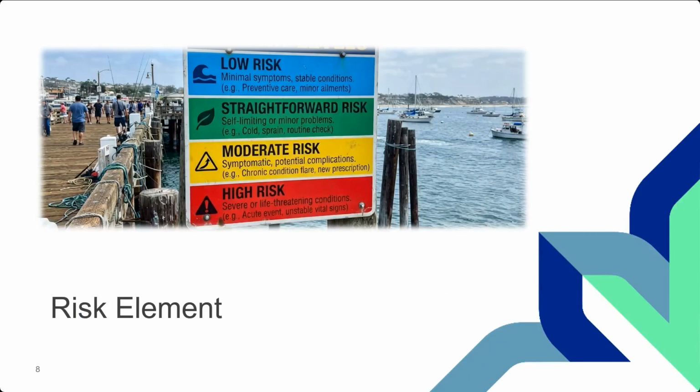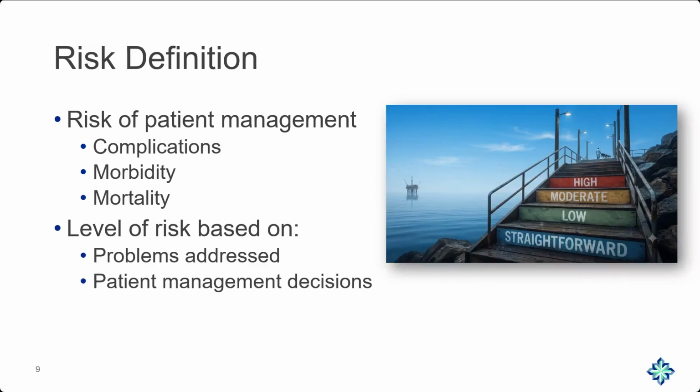So let's take a deeper dive into risk. You're going to have typically 4 levels: low risk, straightforward risk, moderate risk, and high risk. So I want to start with just that definition. And we've talked about it a little bit already, but we're talking about the risk of complications, morbidity, or mortality, and these can be and/ors, to that patient from diagnostic testing.